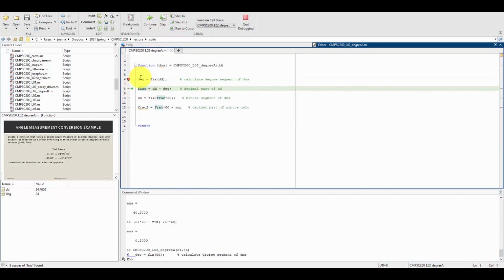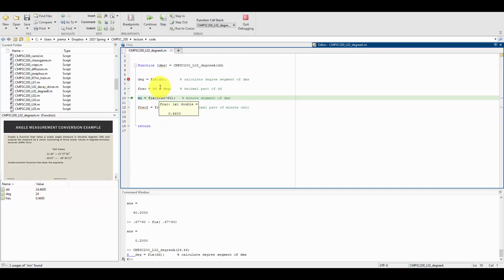Now it went one more line, so it computed my degree part, the 24, so that's good. I'll do another step, and it computed the fraction. That's the 0.46, just the decimal part of the original input. I'll step again. I have MN, the number of minutes.